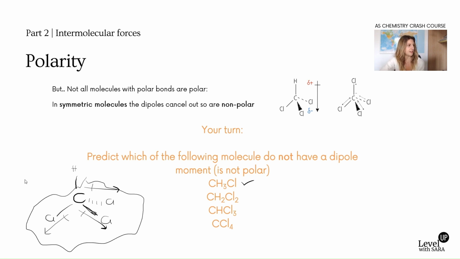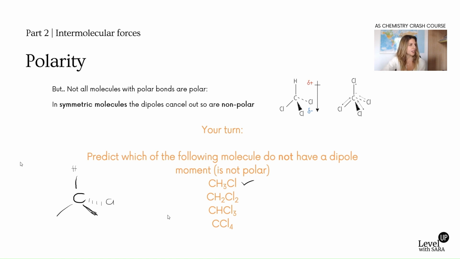So let me see if I can erase this. Okay. So now we have 2 chlorines present and just 1 hydrogen. So let's see how that would affect. Well, the way is always to do the electron density. Notice that again, they go in the same direction, so it will be polar. And probably you're starting to understand.